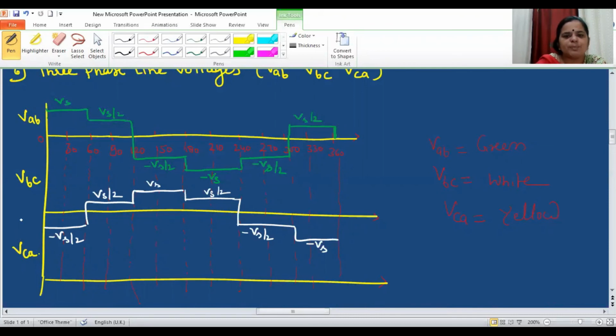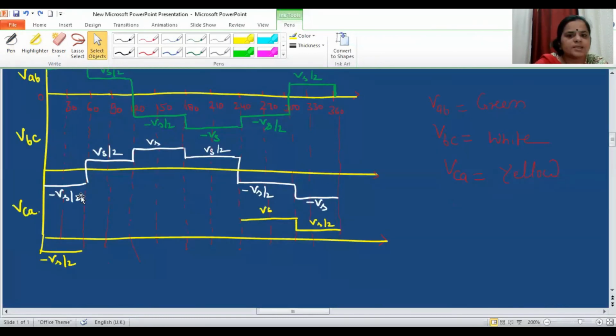Now at last, if I plot the waveform for VCA, VCA means it is having the value of Vs for this duration 240. So Vs, then it is having the value of Vs by 2, then minus Vs by 2, then plus Vs by 2, minus Vs by 2, and then Vs by 2.